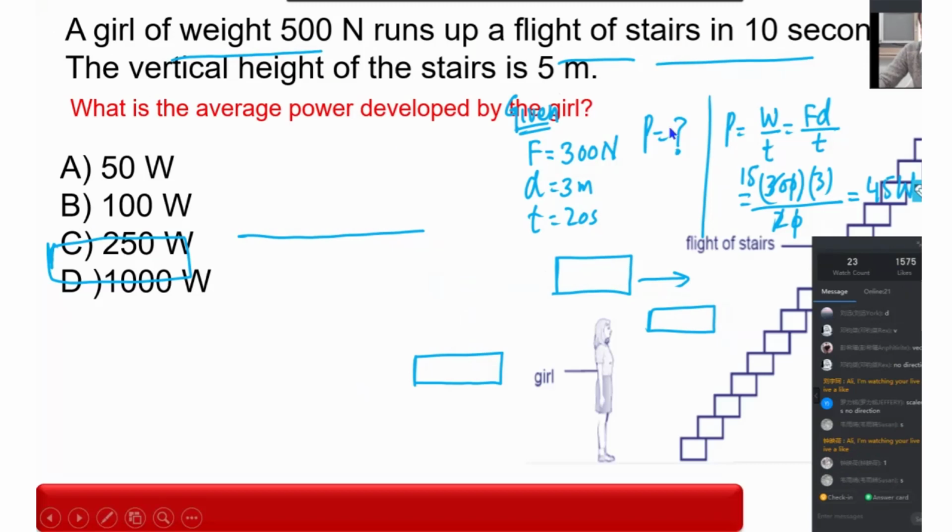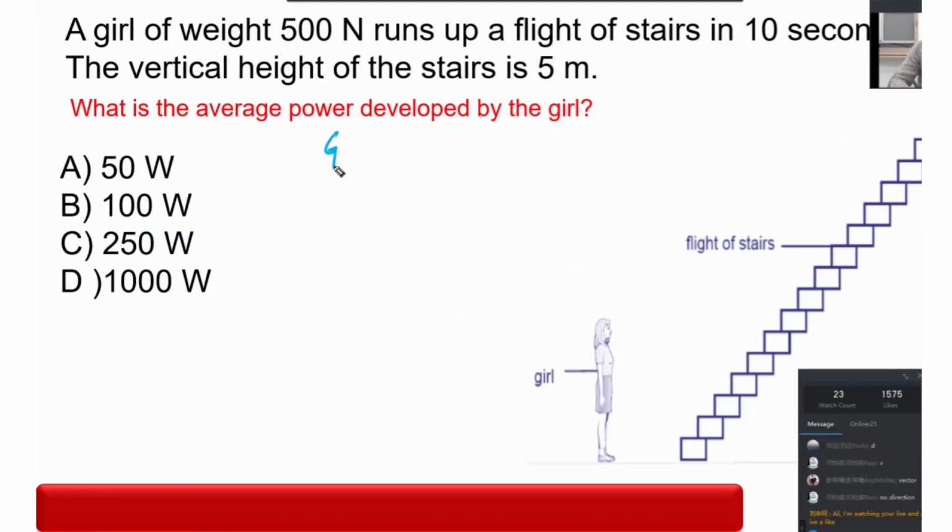Okay, let's try this problem now. Again, the first step, you need to write down what is given. So if you read, it is given to you, the weight of this person is given, that is equal to W. You can write down here, this is equal to 500 newtons. And when the person reaches this point, we need to find out how much power is developed by this person.